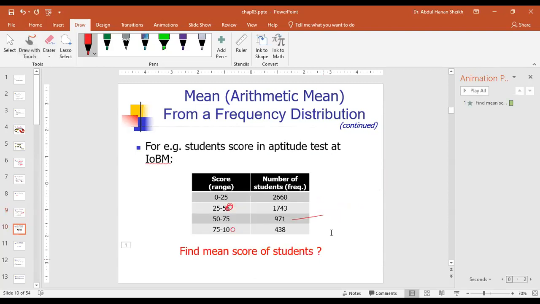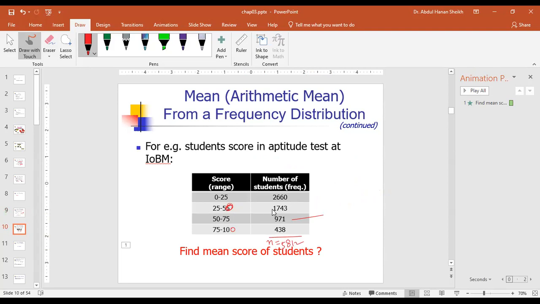So for this case, N is the sum of all these numbers. 5812. Oh, okay, that was very quick. Yes, sir.